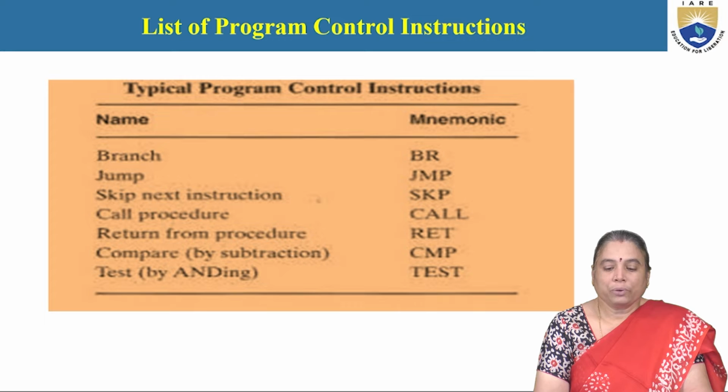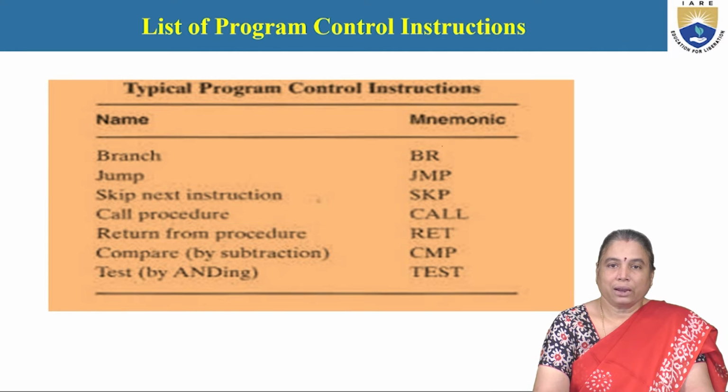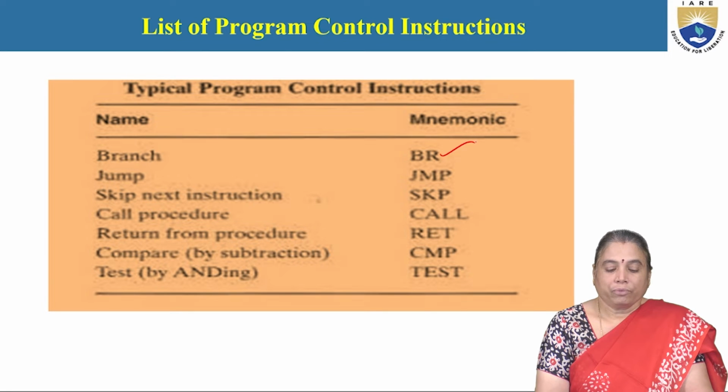Generally available program control instructions are branch instruction, jump, skip next instruction, call procedure instruction, return from procedure instruction, compare, test. To support the branch instruction, the general mnemonic used is BR. To jump from one segment of the program to another segment, JMP.